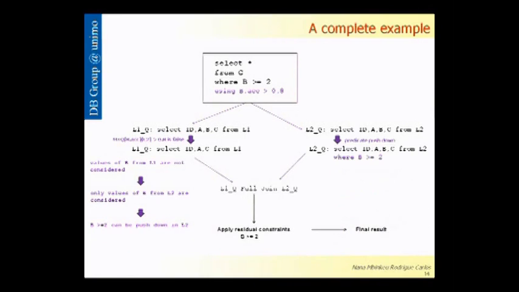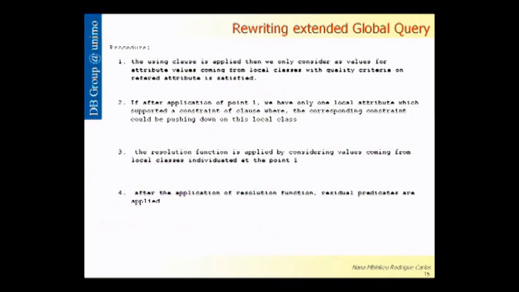And finally, we obtain some simplification of the full join. We can eliminate the application of the restrictive constraint, and we can obtain the final result. So we presented the procedure for rewriting the extended global query.